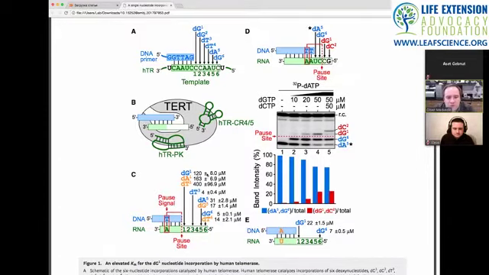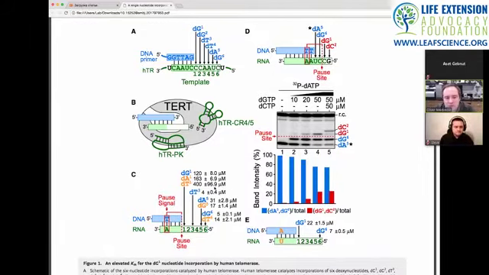This 120 plus minus 8 micromolar, 400 plus minus 8 micromolar, that's basically the concentration of this particular substrate, which is a nucleotide that's required to give you the Vmax. So at this concentration, this is the half velocity of the enzyme.